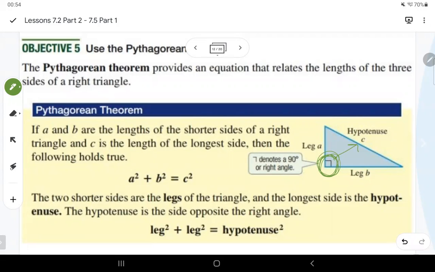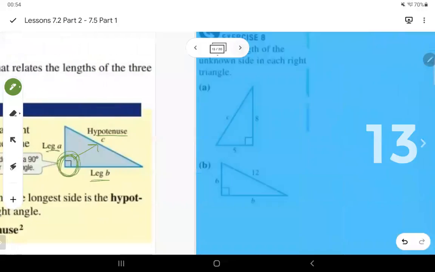So the right triangle is denoted by this little square kind of in the triangle. It stands for a right angle, so equal to 90 degrees. And across from it is always the hypotenuse. And then we have leg A, which tends to be shorter, and leg B, but they are kind of interchangeable because of the algebra involved.